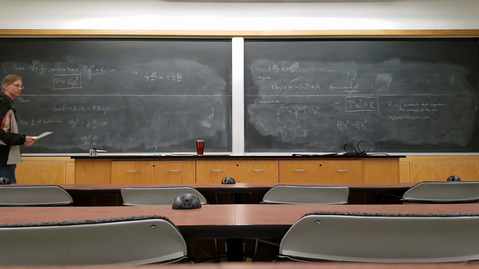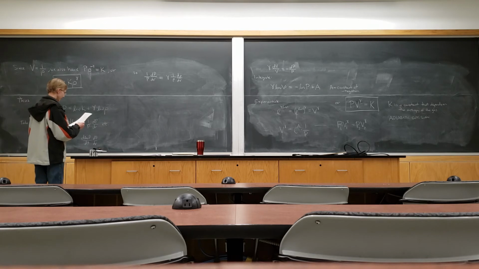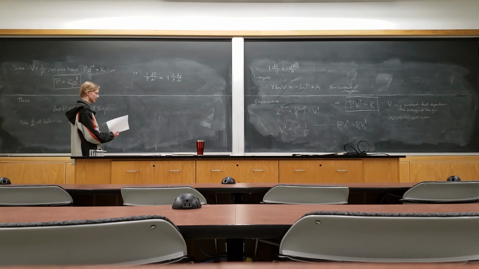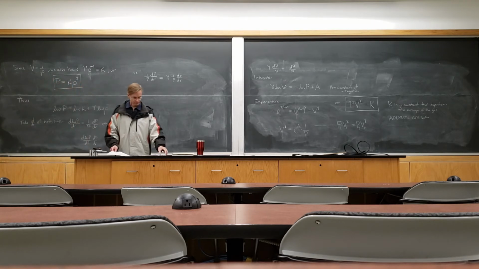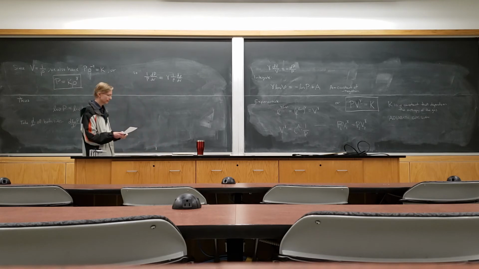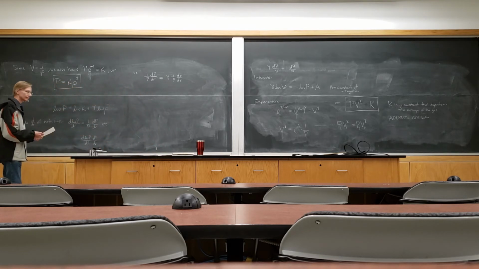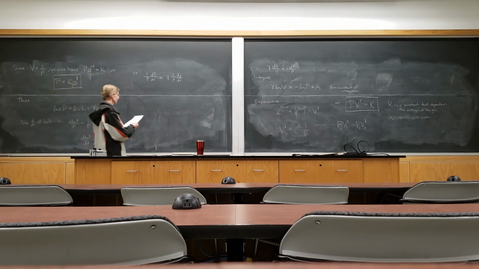As it changes its radius, as it changes its distance from the center, as it rises, 1 over P dP/dr is gamma times 1 over rho d rho/dr. That's because it's adiabatic. But it still obeys the ideal gas law too.